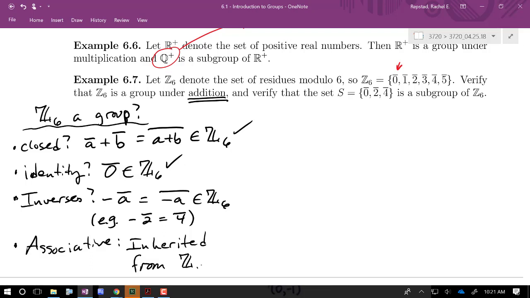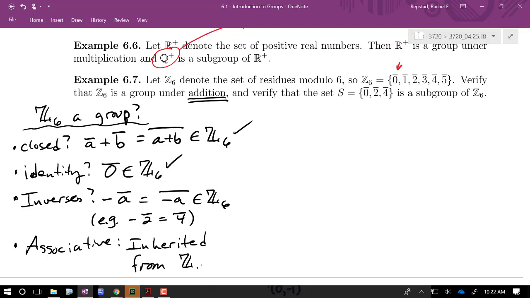You could even show this by brute force: if you made an addition table for the elements of Z6, you could identify the inverse of each one, and show that when you add 2, it will have a home, one of the 6 elements.